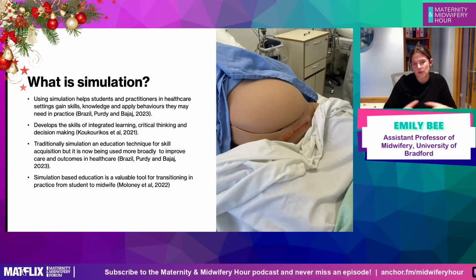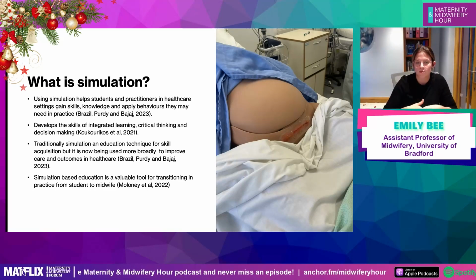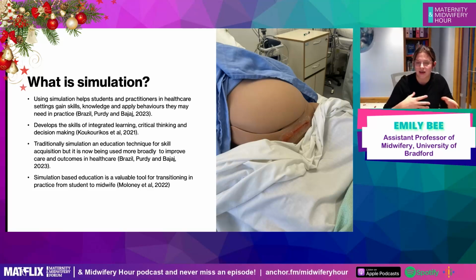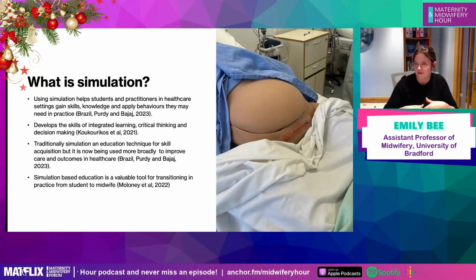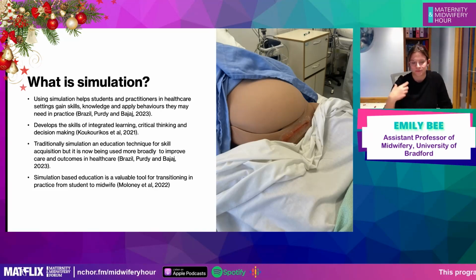So when we're thinking about why simulation in healthcare, it helps students and practitioners in healthcare to gain skills, knowledge and apply behaviours that they may need in practice. It develops integrated learning, critical thinking and decision making.